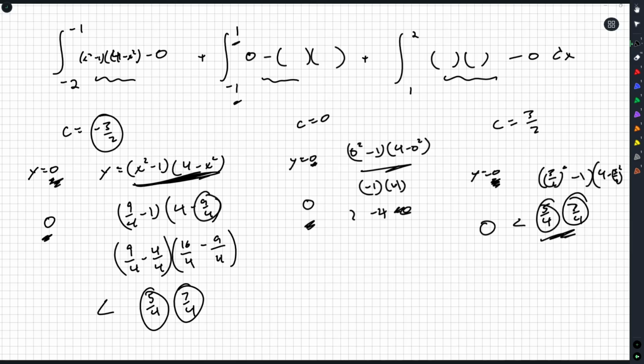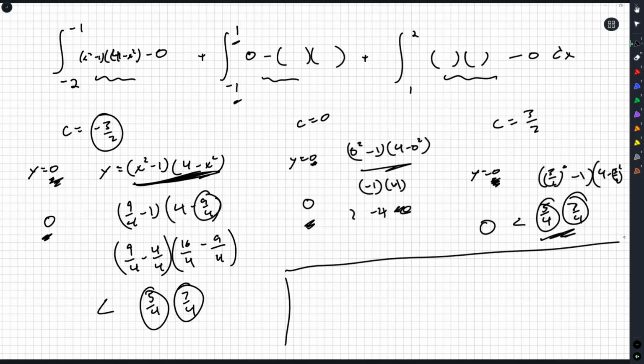Now that we know on each of these little sort of subdomains who's the bigger function, we are now ready to finally integrate. Okay? And this is where, maybe we'll borrow some scrap paper down here, this is where we want to have our expression expanded out so that we can integrate term by term.